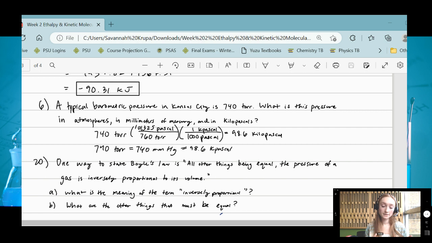And so when it asks, what does inversely proportional mean, it practically just means that because these things are on the same side, to get them isolated from each other, you have to divide by them. So for pressure and volume, you have to divide each side. Let's just say this was the same, because it is the same in this problem.